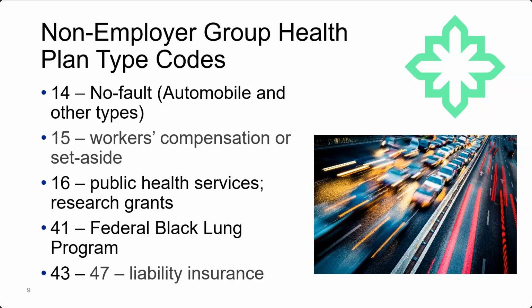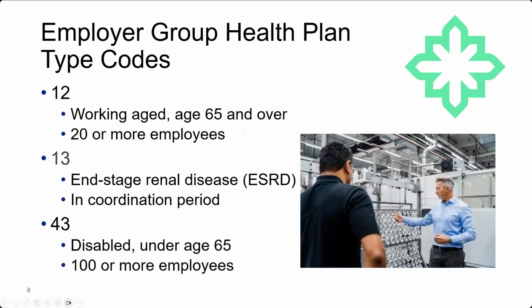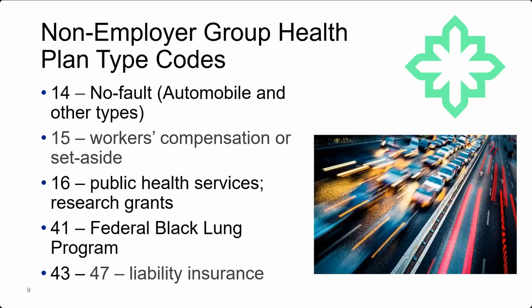Now, I will tell you, there are a lot of people that automatically default to using 12. Let me refresh you with what 12 is. It is an employer-based plan for working age 65 and older. If your system, for some reason, defaults to 12 and you submit with that, but it is one of these plans, it really affects your claims processing, because these plans are only primary when it is related to the accident, illness, or injury.